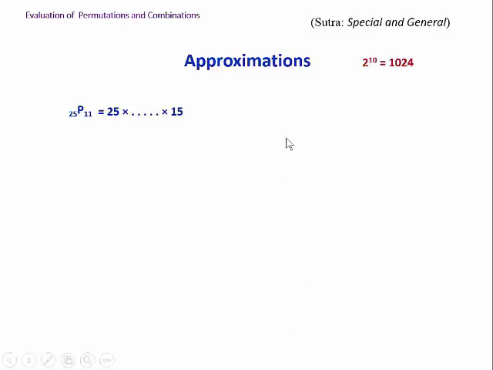What we can do is to use the average in this case. In the middle here we've got 20, so we could say that the product of these numbers is close to a 20 multiplied by itself 11 times. So 20 to the power 11 is an approximation.